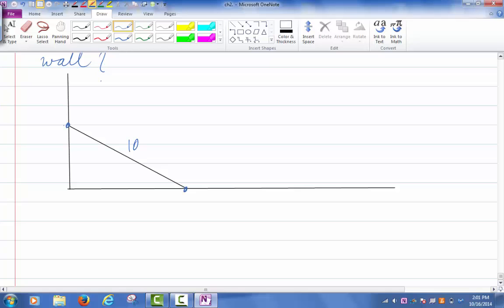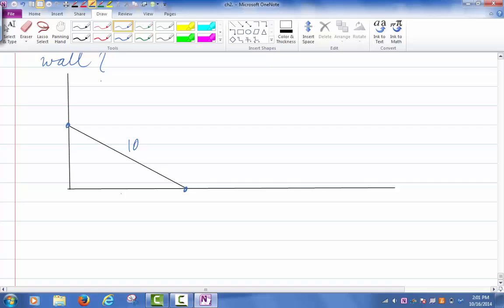What rate is given? The rate at which the bottom of the ladder is sliding away, right? And so that means we are looking at the rate of change of position of the bottom of the ladder, right? I can express it as the derivative of what variable?